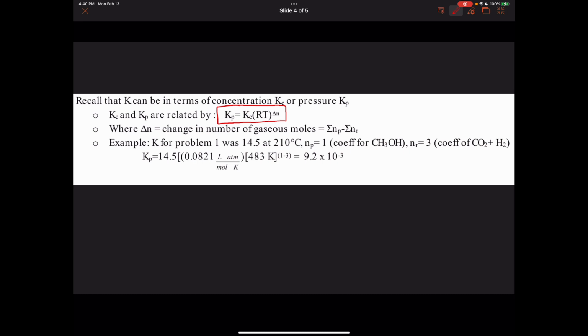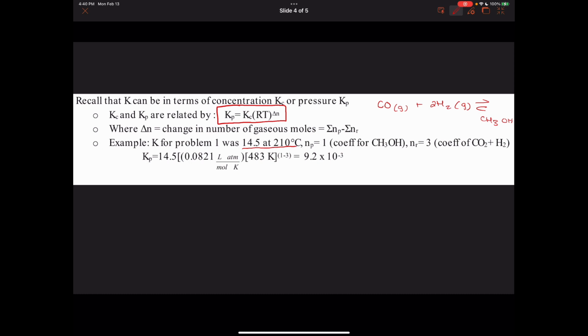And so if we go back to problem 1, we had this reaction of gaseous carbon monoxide with hydrogen gas to produce our CH3OH. And we calculated Kc for that reaction. We found Kc was 14.5 at 210 degrees Celsius.